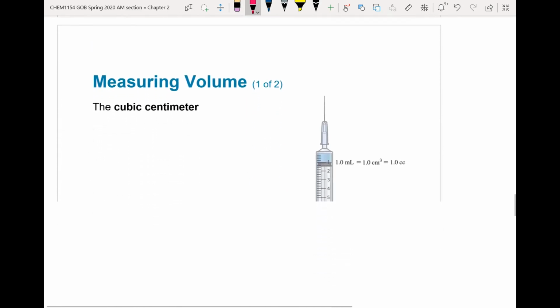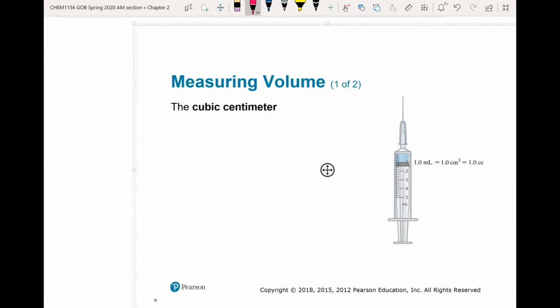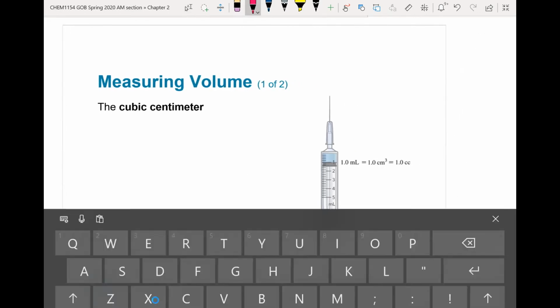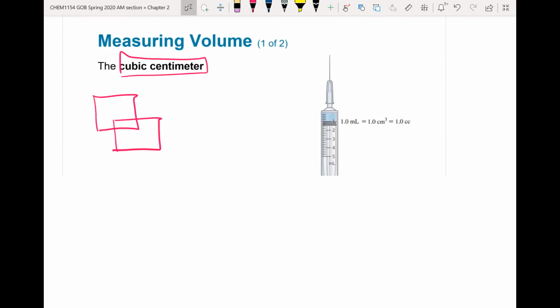Another very common equality that we're going to see, especially as you're getting into the health field or nursing field, is a unit you'll see used quite frequently in the administration of drugs or different types of medicine, which is the cubic centimeter. Right, so if I had a cube, imagine this was a cube, and the length of each side of the cube was 1 centimeter.